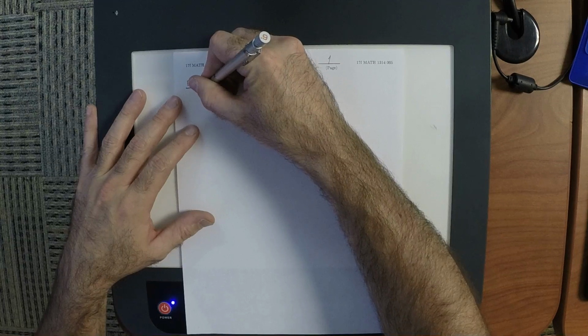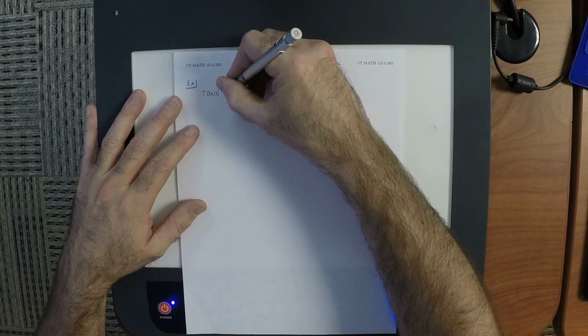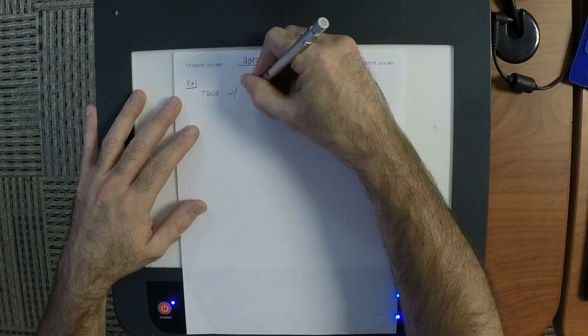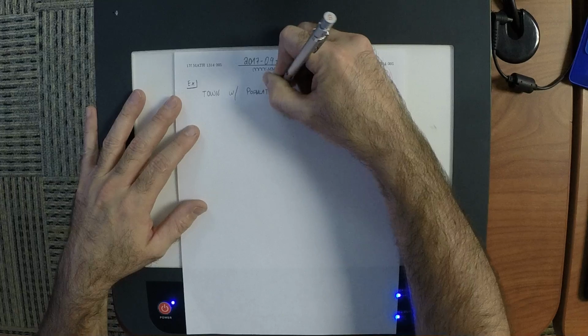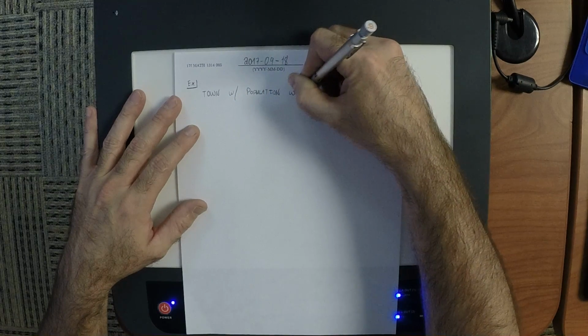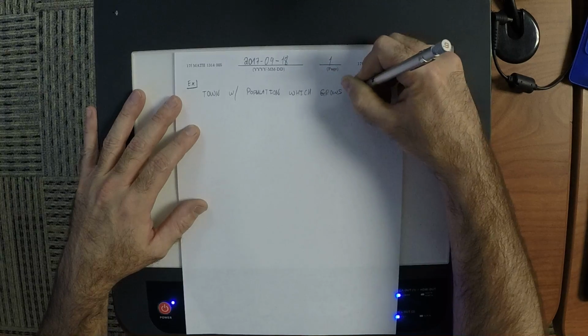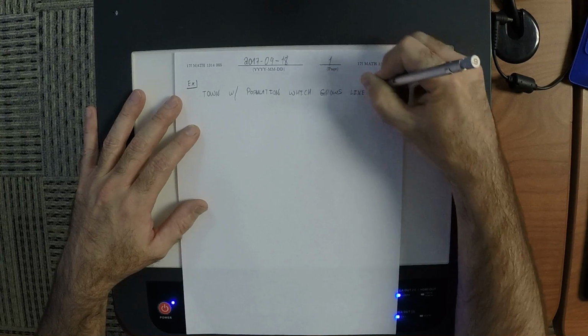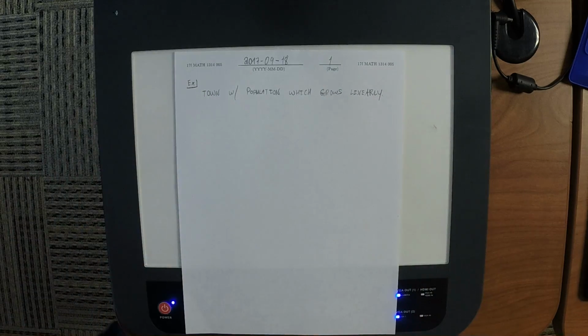Suppose that we have a town with a population which grows linearly. That is to say, if you were to plot the population of this town over time, it'd be a line.